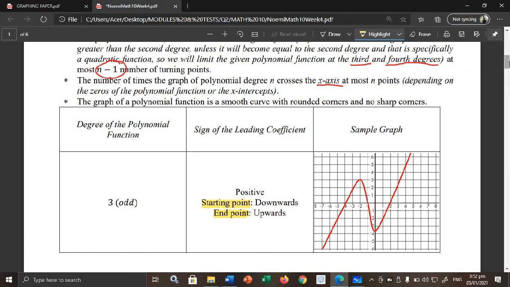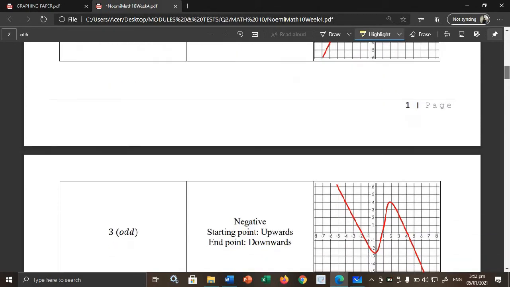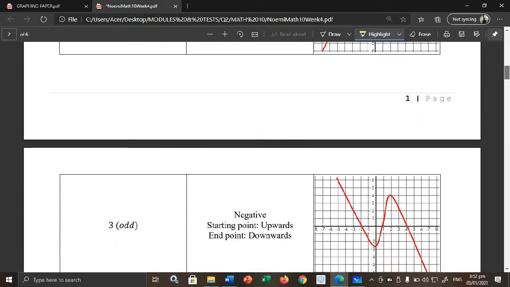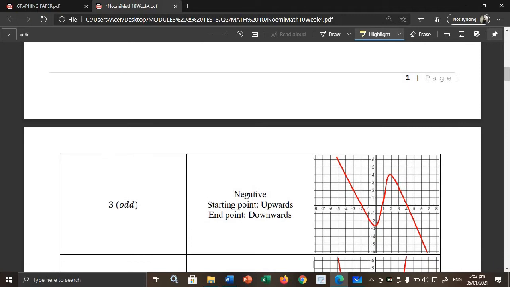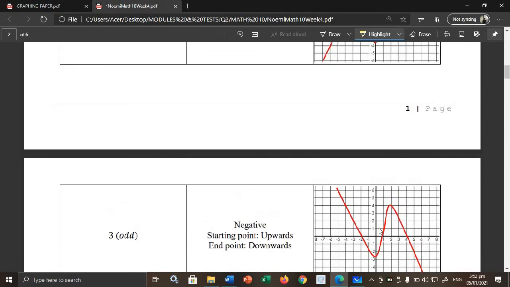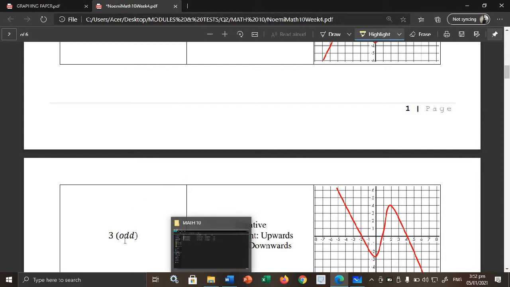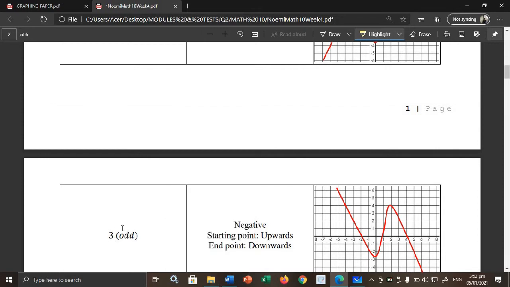How about if the given is a third degree function, but the sign of the leading coefficient is negative? So like this example. The degree is the third degree, and the sign of the leading coefficient is negative. Therefore, the starting point of the graph should be upwards or pataas dapat.